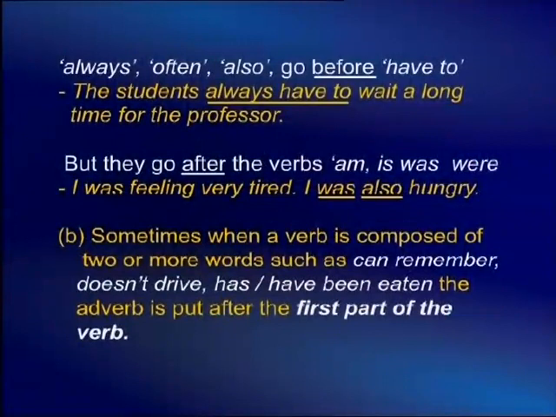If you are using have to, then you will have to use these adverbs before have to. Example, the students always have to wait a long time for their professor. Now over there you are using the phrase have to, so always will have to come before have to.